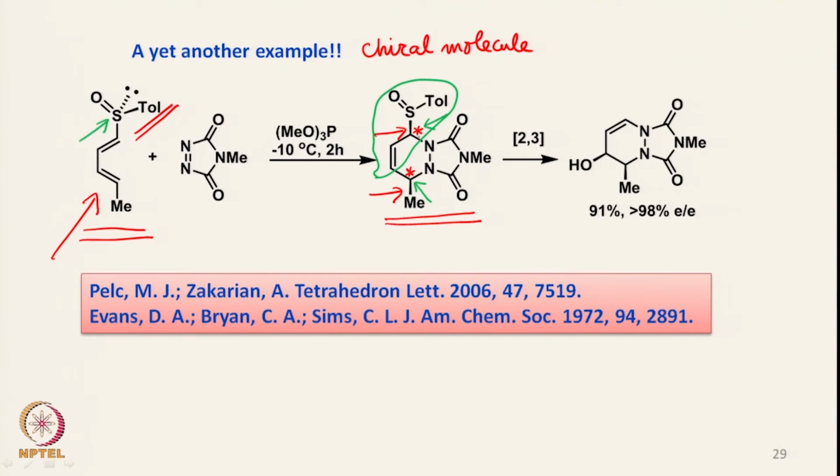So once you have these 2 centers as chiral centers, and now you have an allyl sulfoxide, when this undergoes rearrangement, since this is a beta orientation here, the alcohol which is formed is also beta. It was found that the reaction is done at -10 degrees, 2 hours, and the yield is 91%, whereas the enantiomeric excess, that is optical purity, is more than 98%.